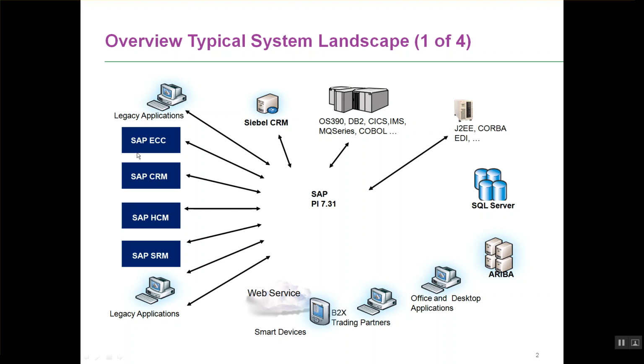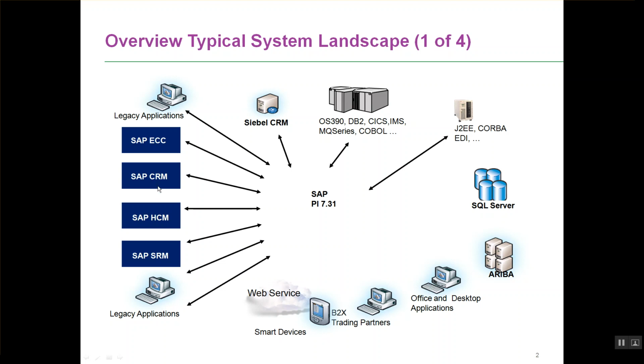So in a typical customer landscape, you would have multiple different types of applications. You will have SAP applications, and you would have non-SAP applications. You can have an SAP ECC, an SAP CRM, an SAP HCM, an SAP supplier relationship management for vendor management, and SAP HCM for human capital management or for your employee payroll management.